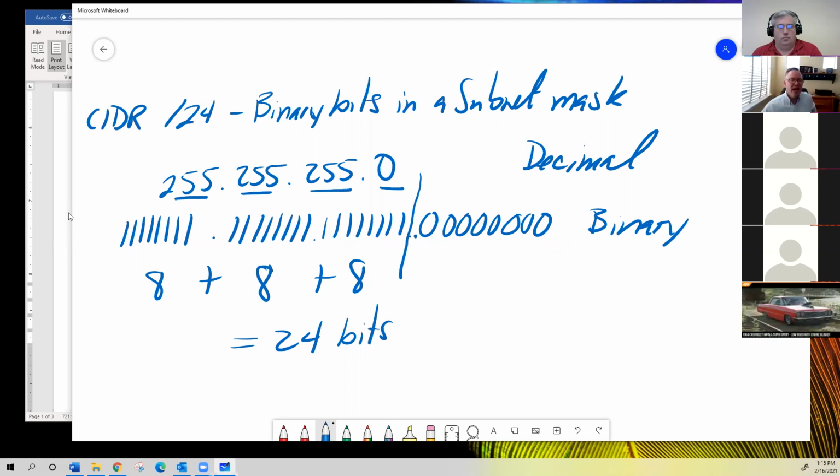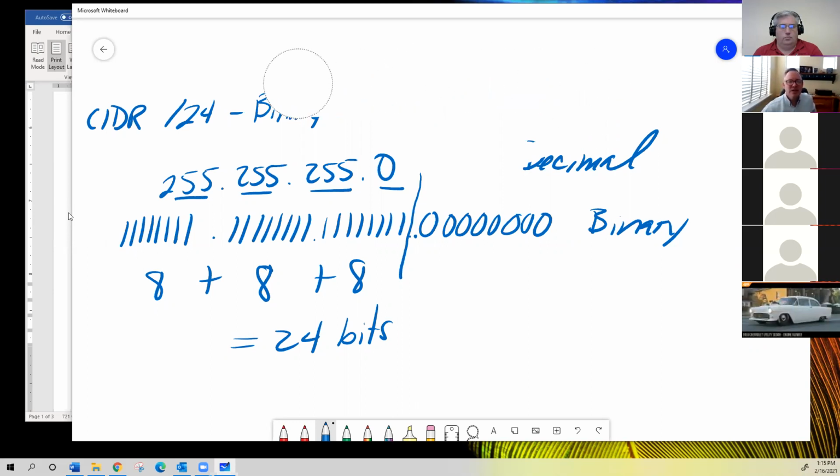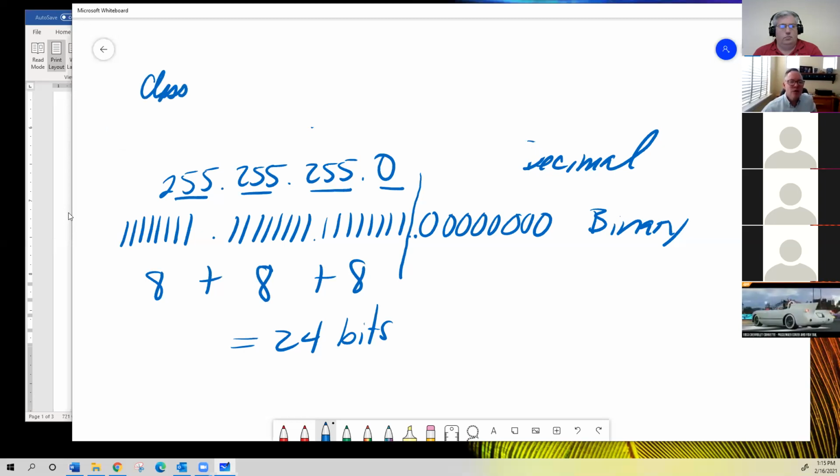So if you have a class A, let's erase this for a minute. If you have a class A address, this first group has to be between 1 and 127. But 127 is a special number, only for loopback, so it's really 126.